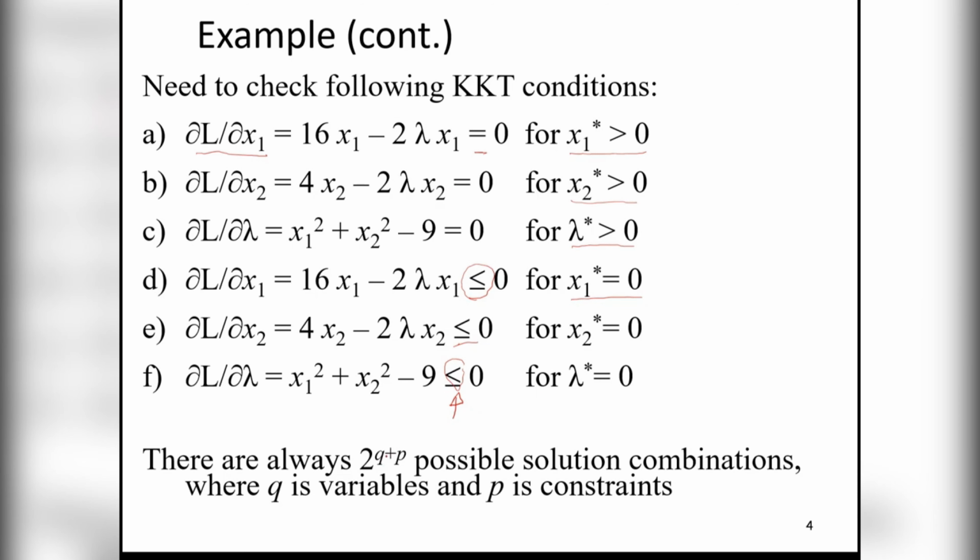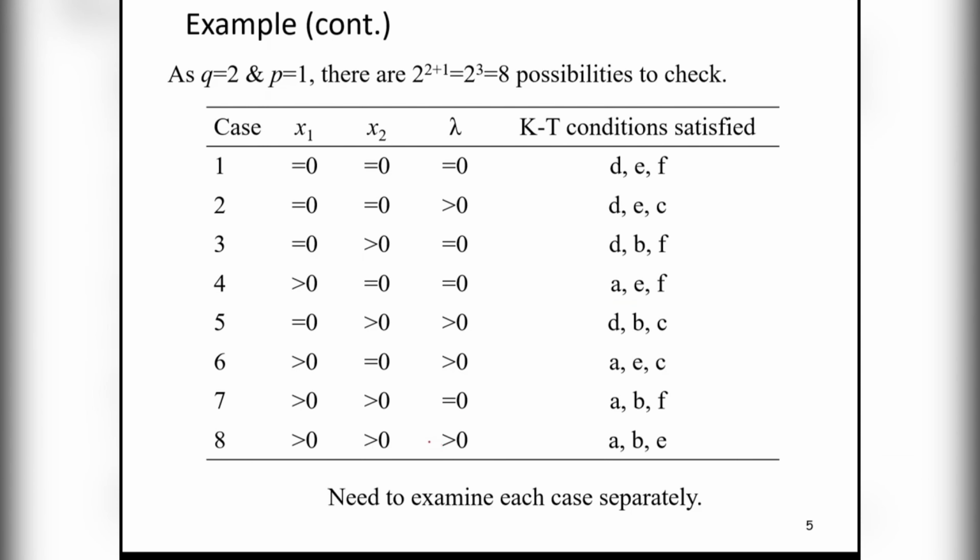So now there are 2 to the power q plus p possible solution combinations, where q is the number of variables, we've got 2, and p is the number of constraints, we have 1. So we have 2 plus 1, 2 to the power 3 is 8 possible solutions.